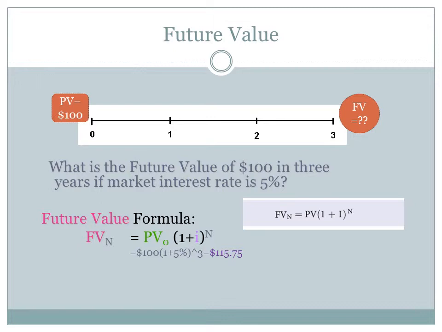Basically the future value is the present value times 1 plus the interest rate to the power of n. So that $100 today is equivalent to $115.75 in 3 years.